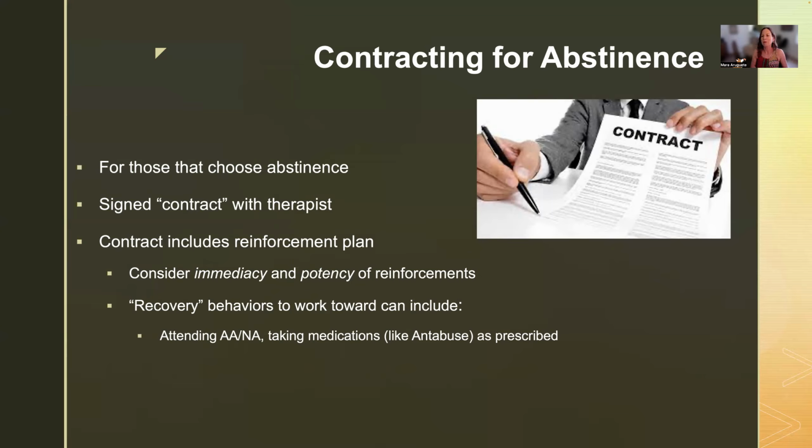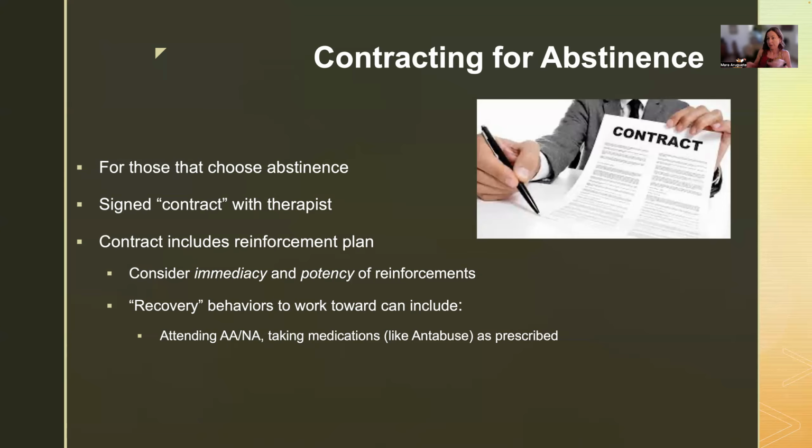What's going to happen? What's the contract about? And what are the reinforcements, right? What will happen when the person, for example, uses or does not use? And remember, it's really, really important to consider the immediacy of the reinforcement, the potency of the reinforcement, as I talked about in the last video.